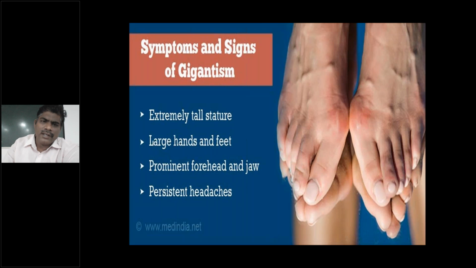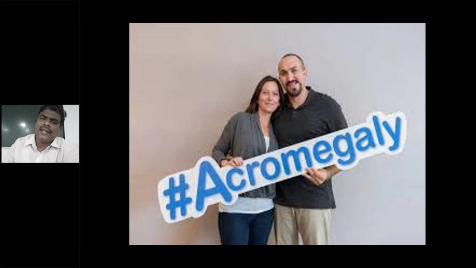Next, prominent forehead and jaw, and persistent headache, and acromegaly. So what's the difference between gigantism and acromegaly? Usually acromegaly occurs between 20 to 40 years of age, whereas gigantism occurs before 20 years.